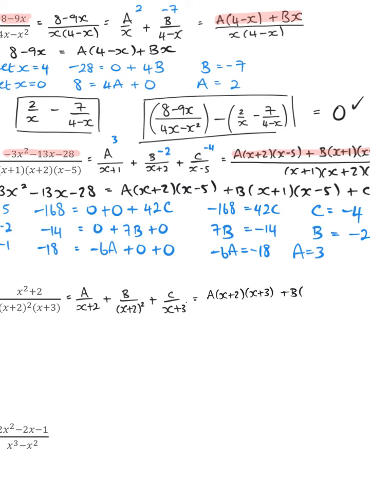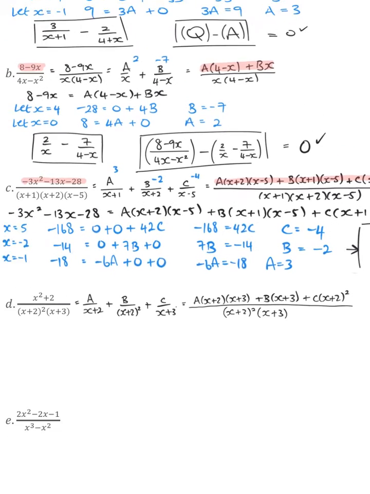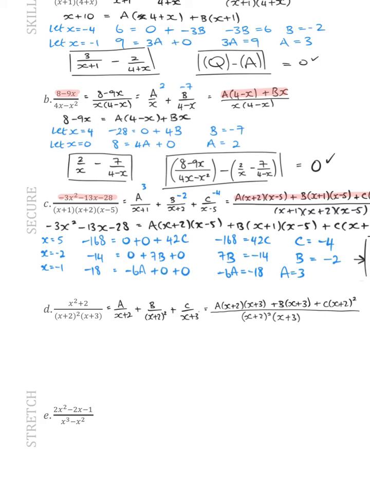B only needs to be multiplied by this. And c only needs to be multiplied by that. So all over, like so. And then because they're equal, I can take this and this.